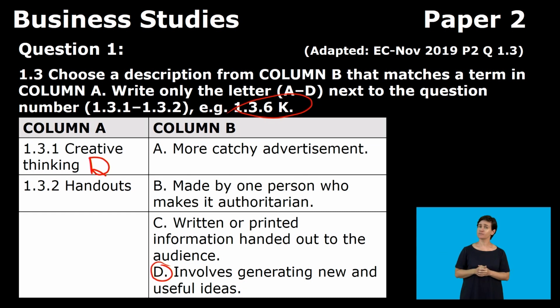Okay, yes, it's not A. It's definitely not B, but the correct answer is C. Right, I see now you understand. Remember, only one answer here. You cannot give more than one answer. There's only one correct answer.